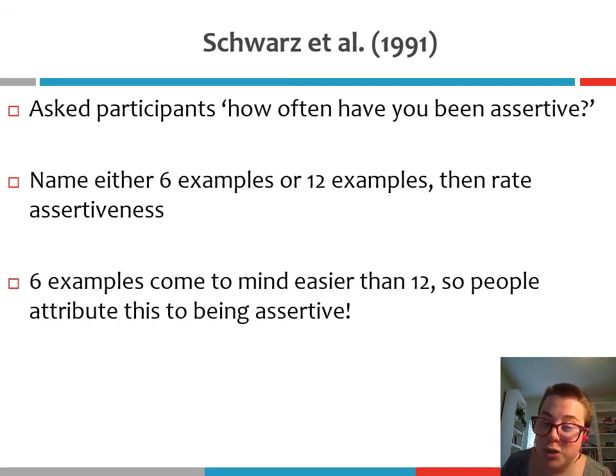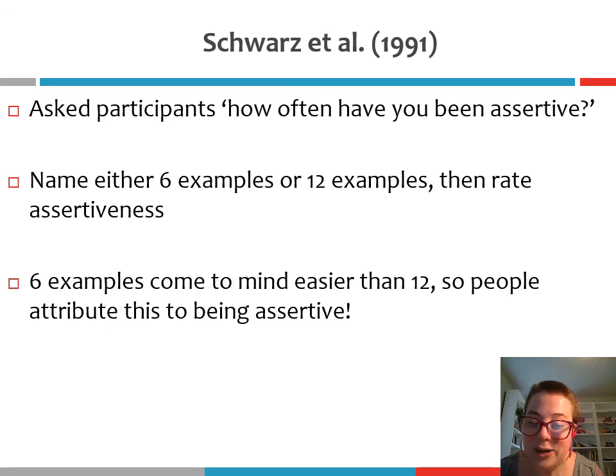And what the researchers found is that people who only came up with 6 examples of being assertive actually rated themselves higher on the assertiveness scale than individuals who came up with 12 examples, right? Which doesn't really make sense, right? It seems like having to come up with 12 examples of all these instances where you've been assertive would lead you to the conclusion that you're more assertive than somebody who only had to come up with 6 examples.